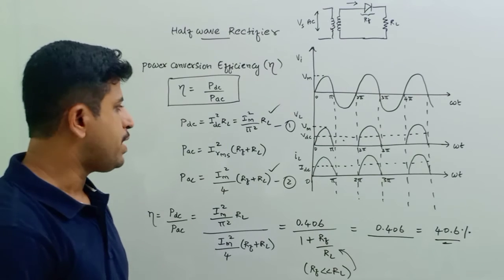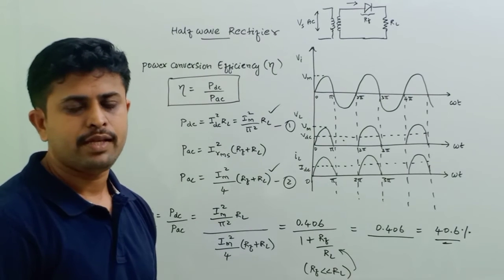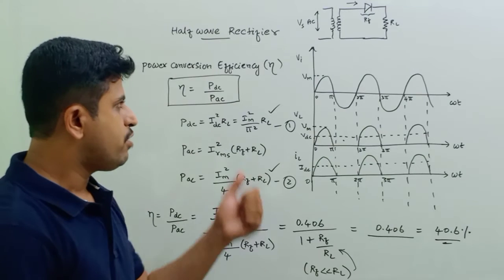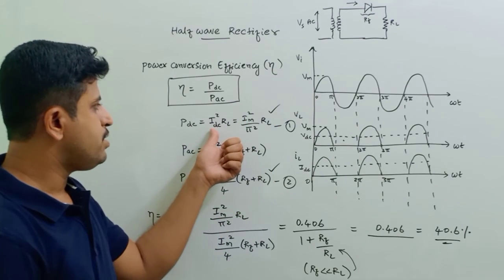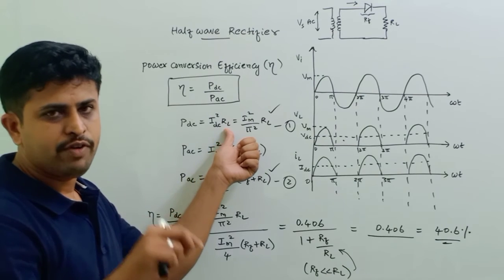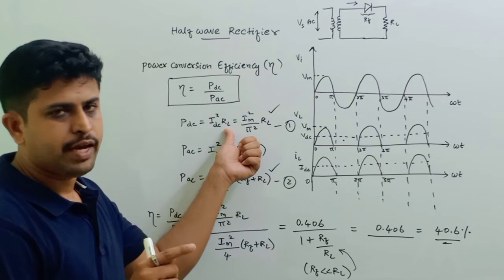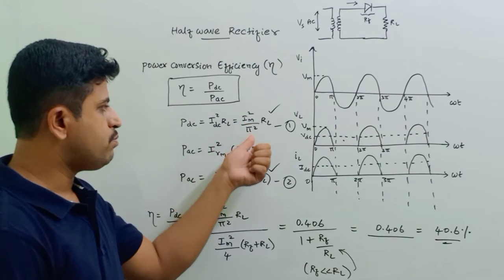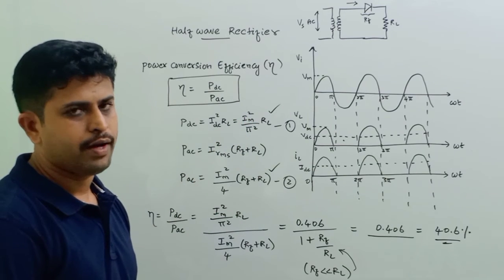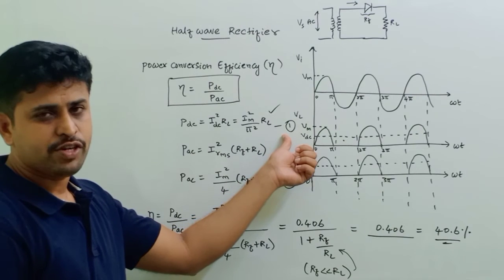It is given by, we know that P is nothing but I square into R. So if you are finding DC power, then it is IDC square into RL. Already we know IDC, the average current, is given by Im by pi. So here we will write Im square by pi square into RL. Let us say this is equation 1.